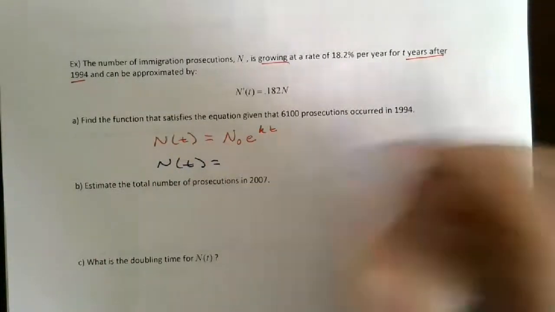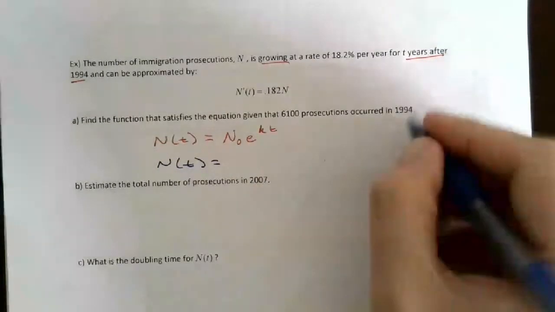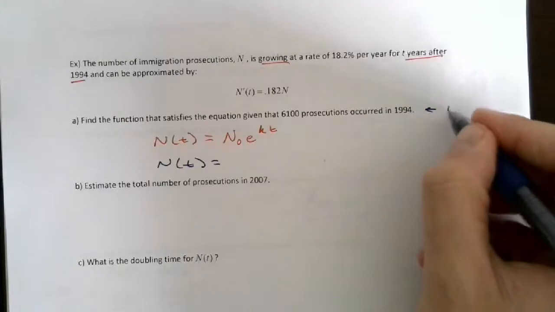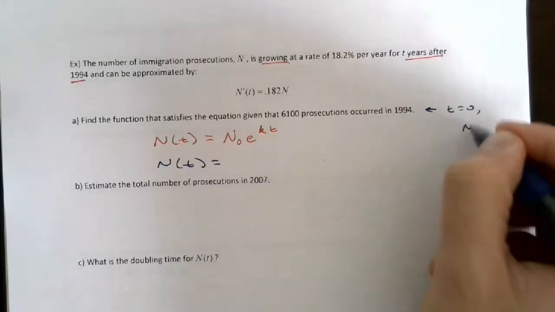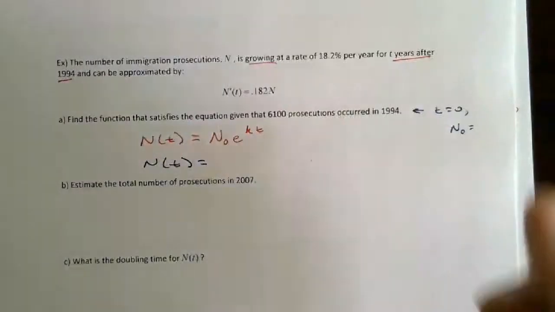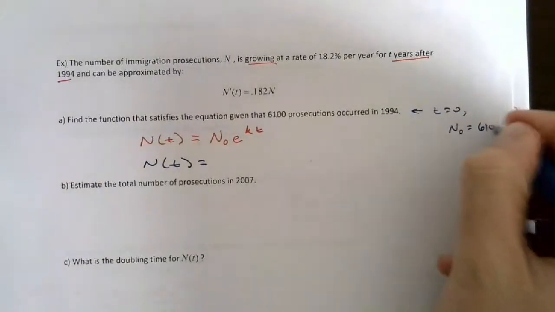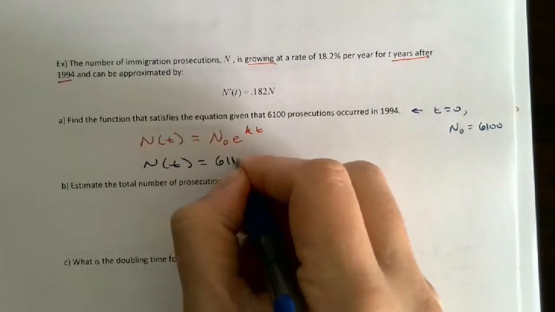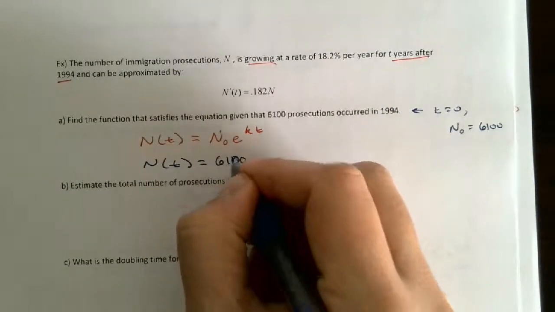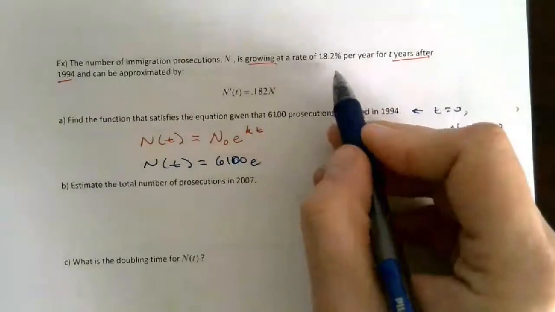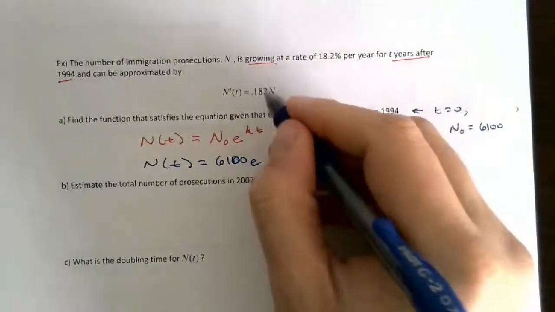It's the initial amount. Well, t is years after 1994. So if they tell you 6,100 prosecutions occurred in 1994 when t equals 0, right, they're telling you what N0 is. That's the initial amount. When t equals 0, the initial amount is 6,100. So we can sub that in right here for N0, 6,100. e to the, what's k? Well, it's 18.2% per year, but they also have it right in the formula, right?